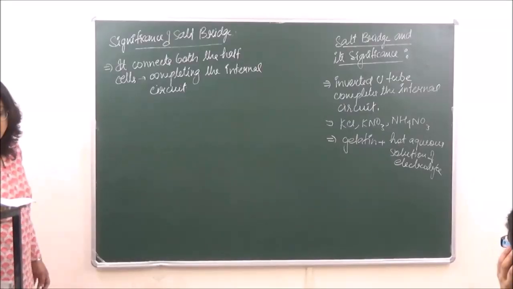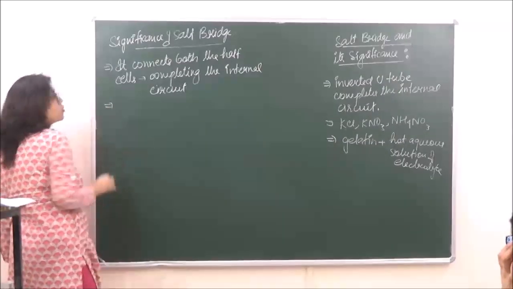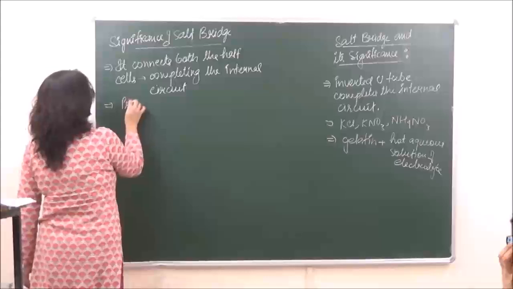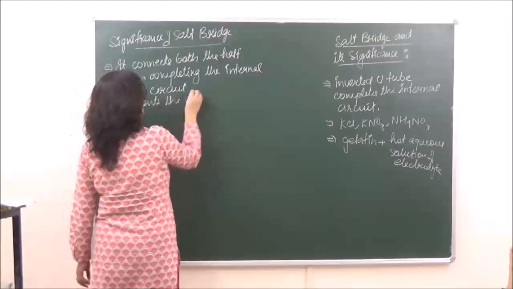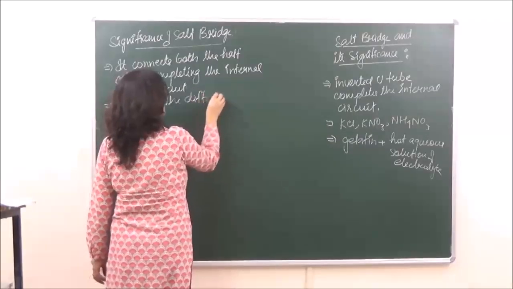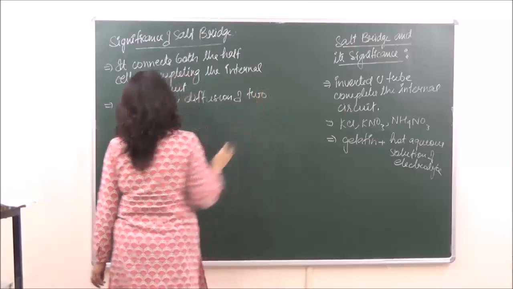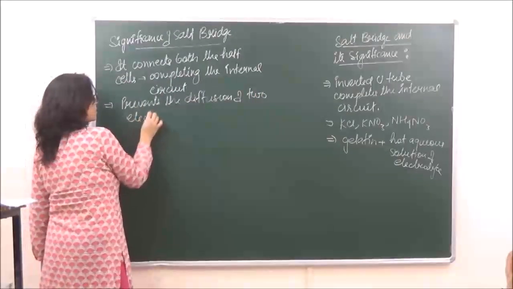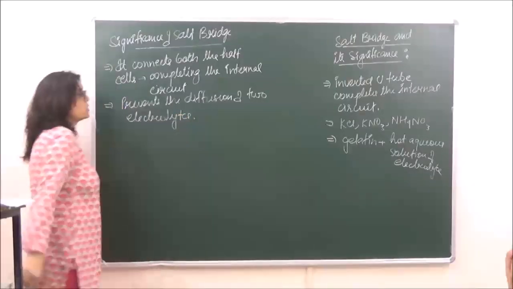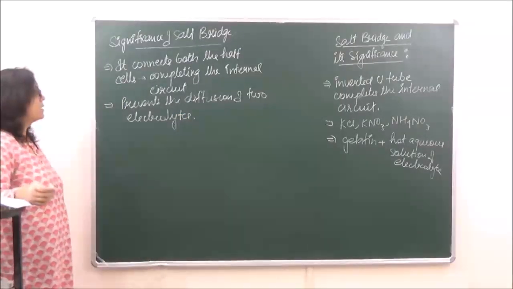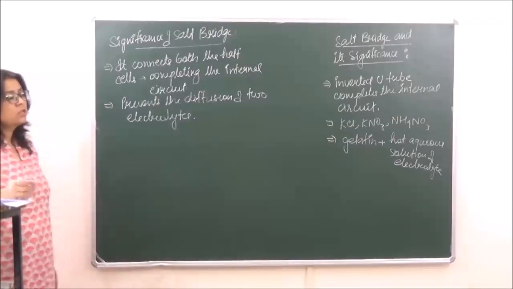Then the second one is that it prevents the diffusion of the solutions of the two electrolytes. The two electrolytes which are present in separate compartments can be prevented from diffusing by using the salt bridge.